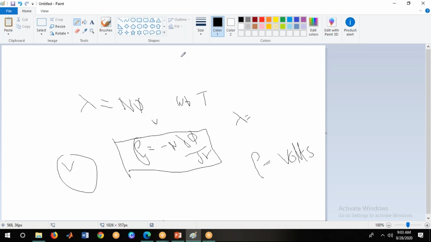What is the relation between B and H? B equals mu H. Yes. So these are the formulas we derived in the last class.